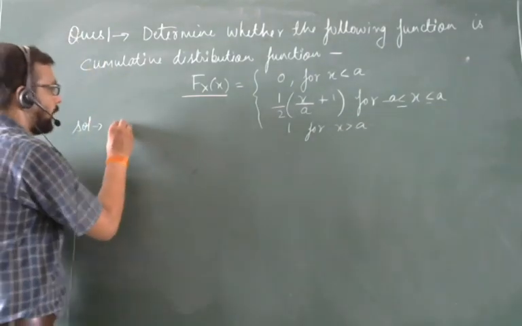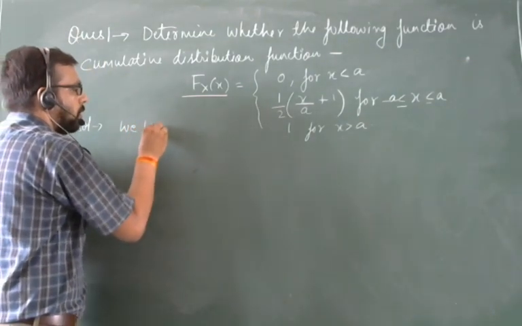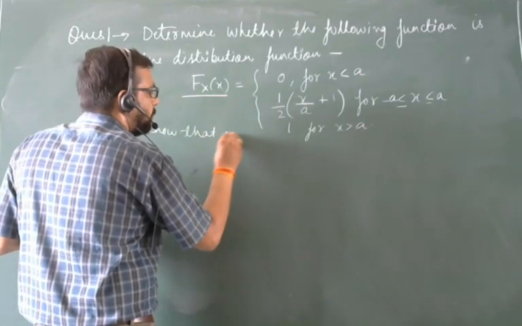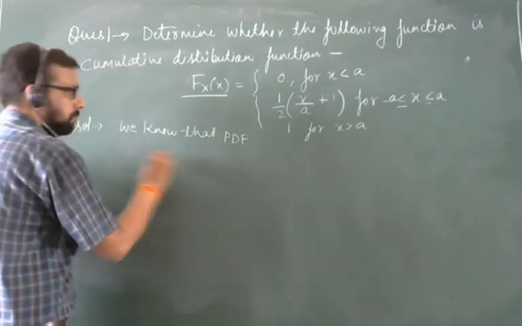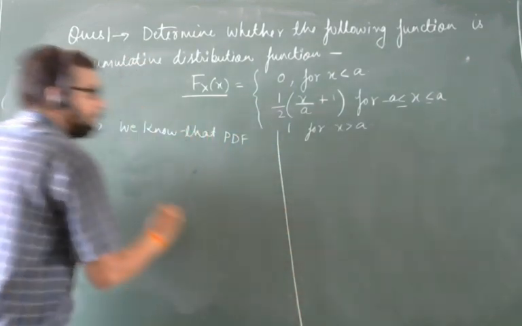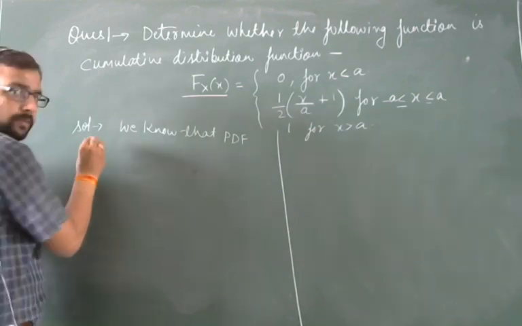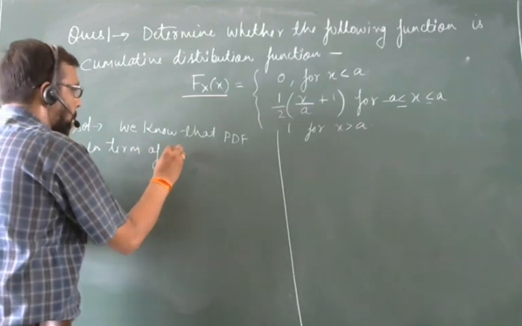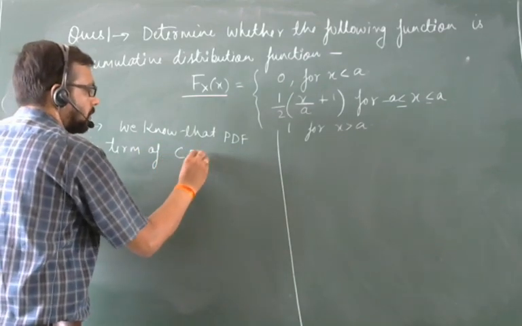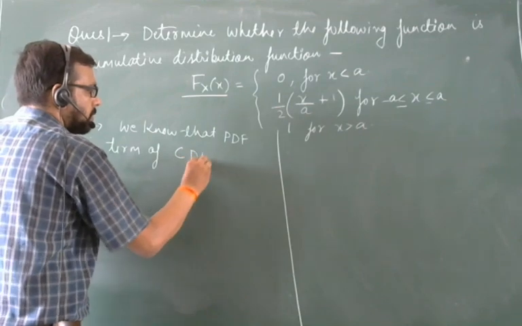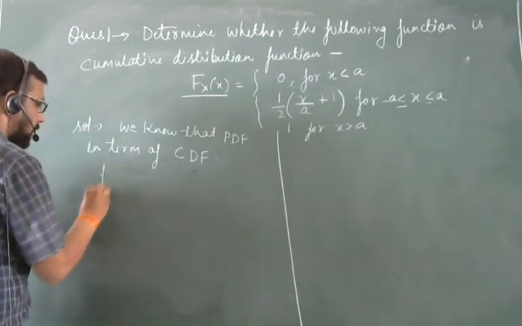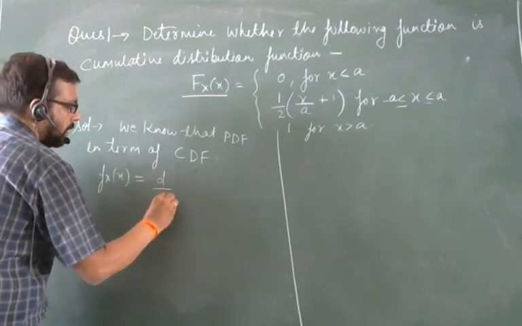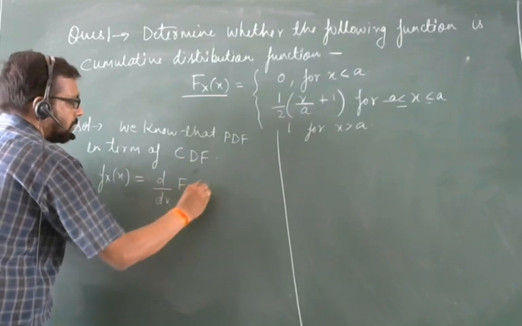Okay, we know that the PDF in terms of the CDF means f is equal to d by dx of F(x).